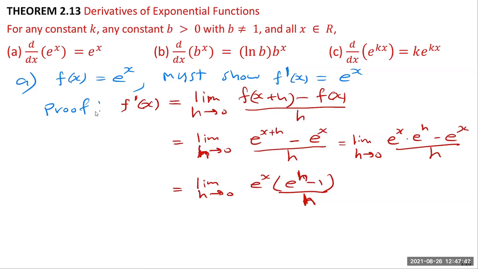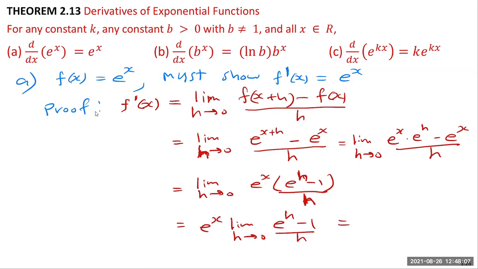Now notice that I'm taking the limit as h approaches 0. It has nothing to do with e to the power x. e to the power x looks like a constant as h approaches 0. So this is equal to e to the power x times the limit as h approaches 0 of e to the power h minus 1 divided by h.